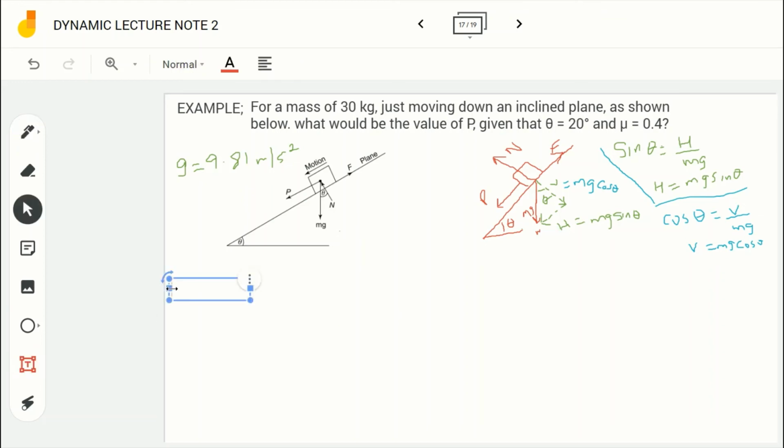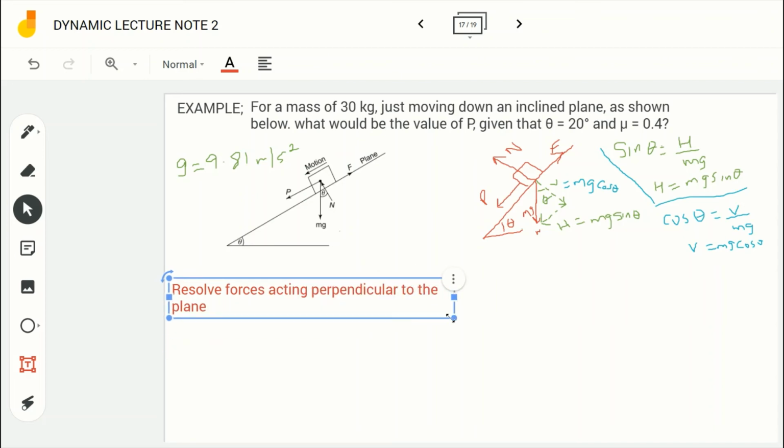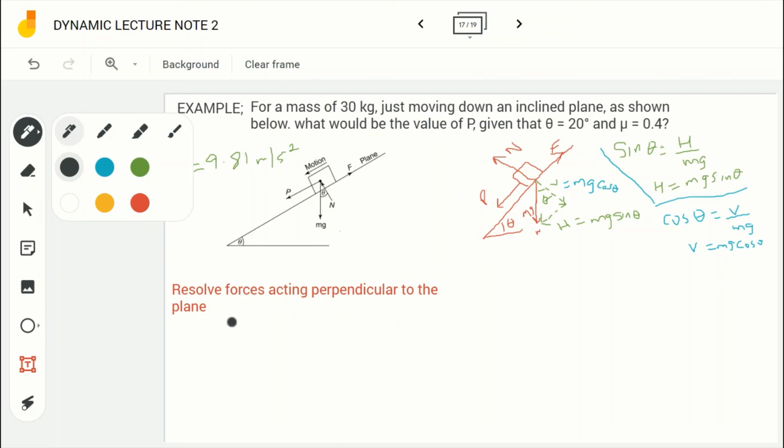Now I can say, okay, let's resolve forces acting perpendicular to the plane. That means the sum of the forces acting upwards is equal to the sum of the forces going down.